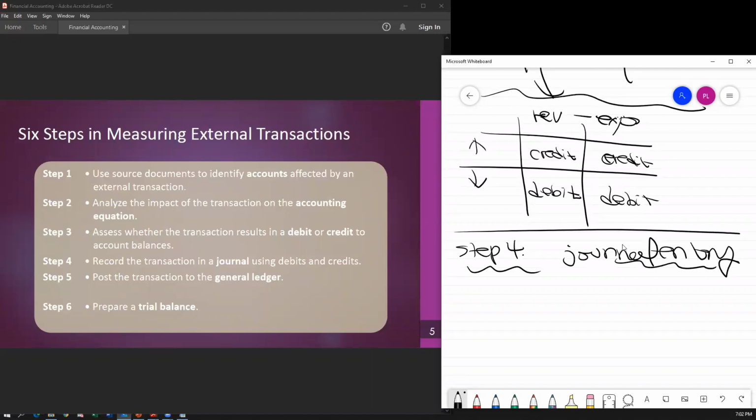There are so many ways that you record a journal entry, but the easiest way is to report a debit accounting item and then a credit accounting item in a separate column.